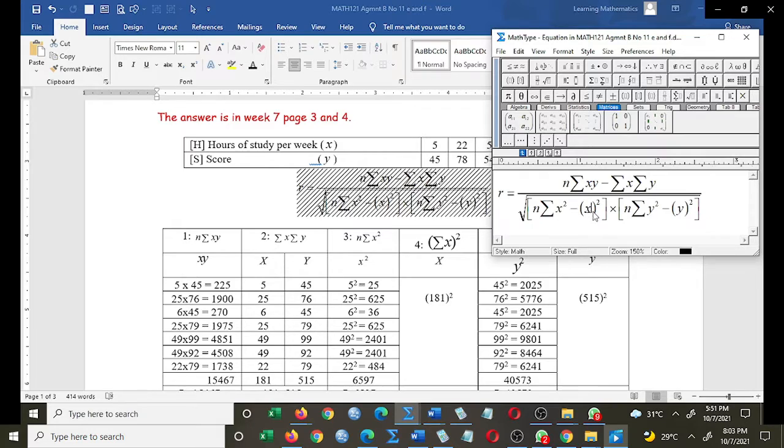That's the sum of x all squared. And same thing here, that's the sum of y.